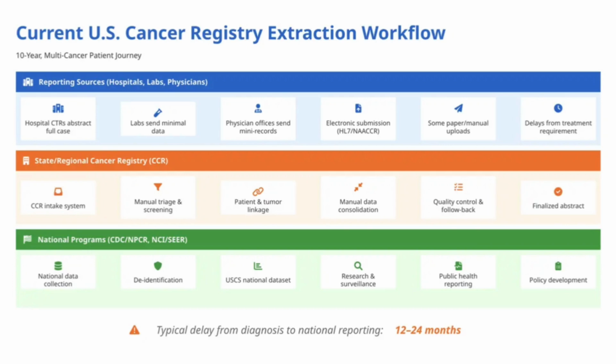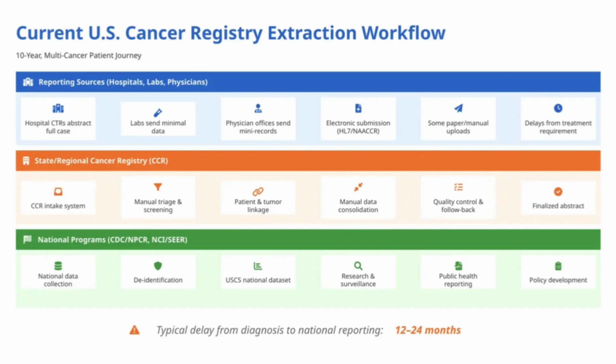I'm not going to talk about how to consolidate at the national level, but how to automate the step between the reporting level and the registries, so that we reduce the burden on the reporting agencies: hospitals, labs, physicians. That's what we are trying to optimize during this call.